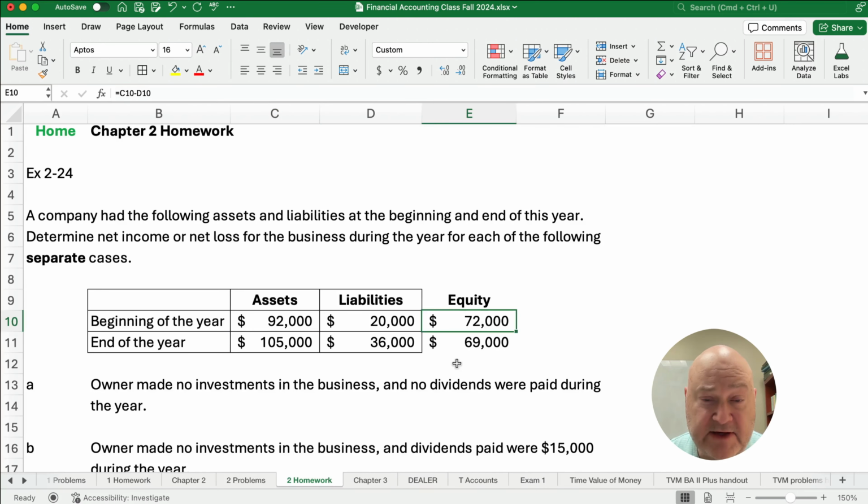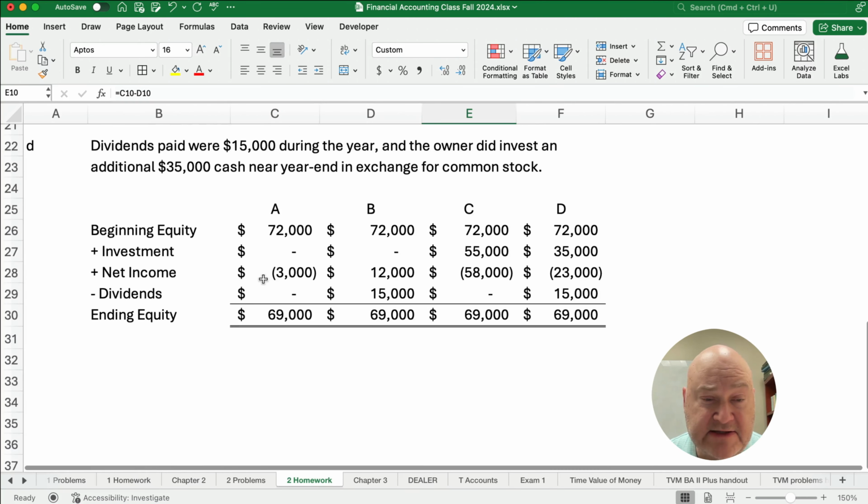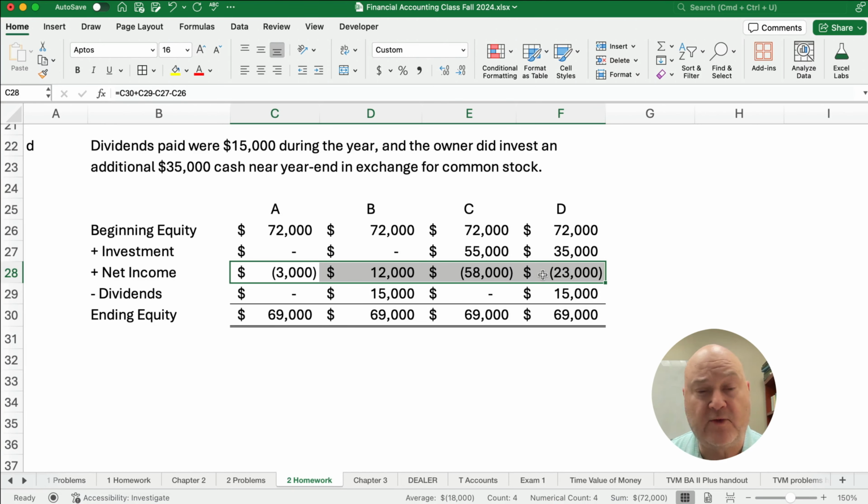This changes equity to 72,000, and it changes our net income numbers. It recalculates based on our template. Excel can build a model, build a template, and you don't have to do this all over again. This would be a real pain doing it by hand, but building a template in Excel is going to be super helpful.